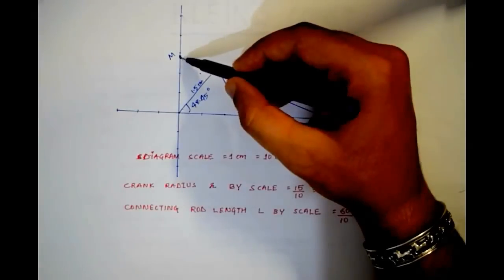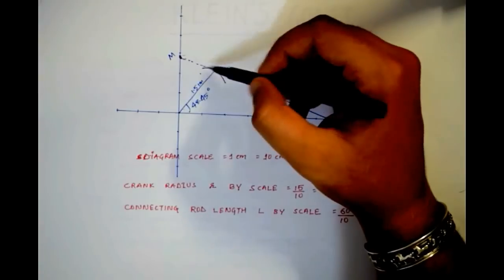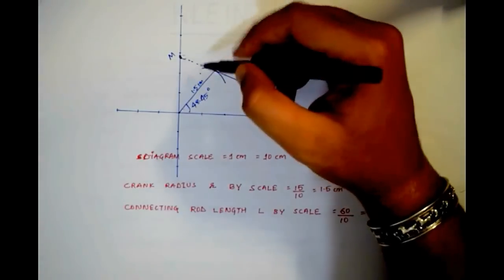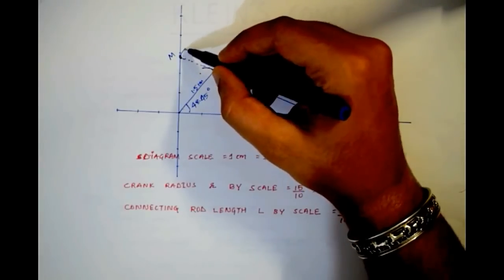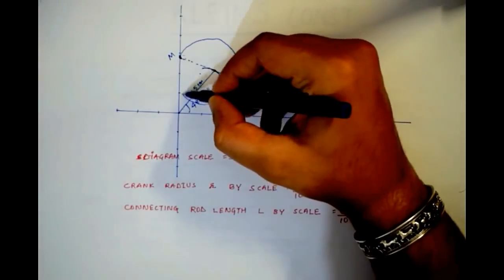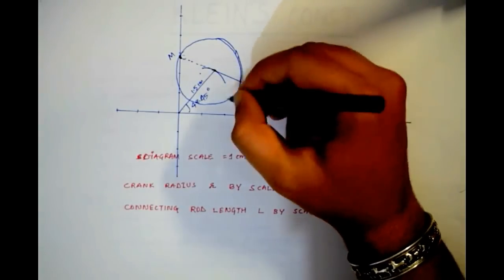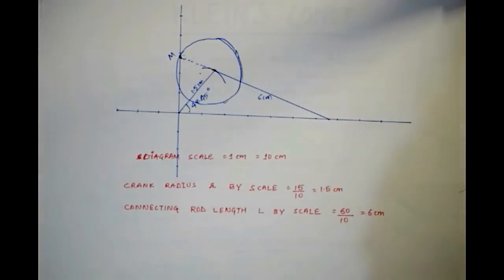We will consider this length as the radius of a circle, and considering it as the radius, we will draw a circle here. Here is the circle.